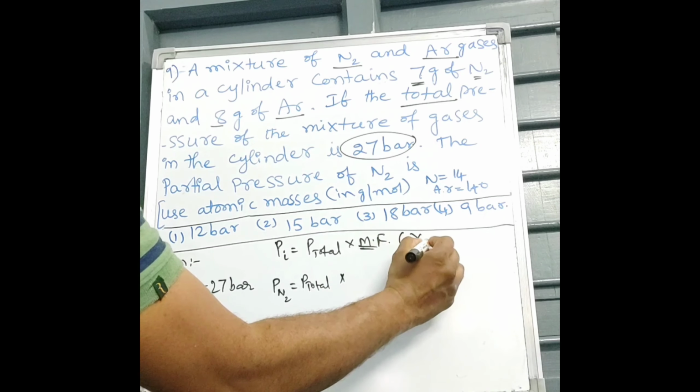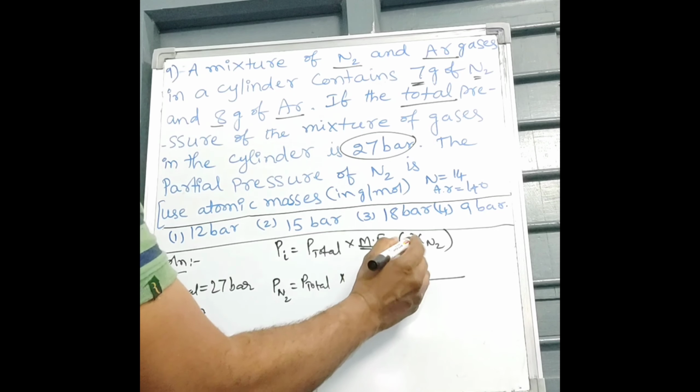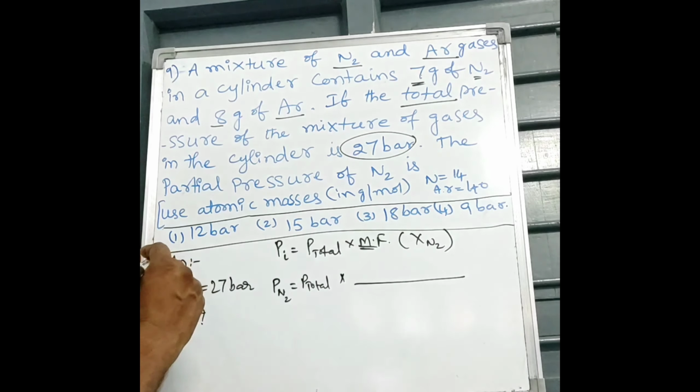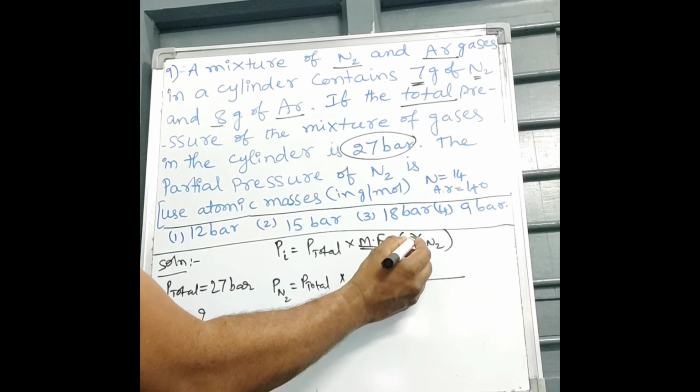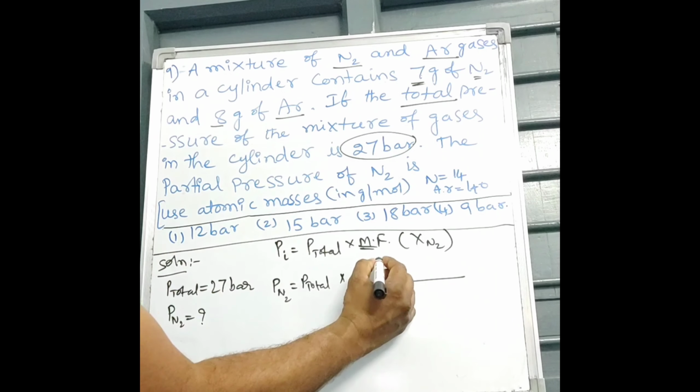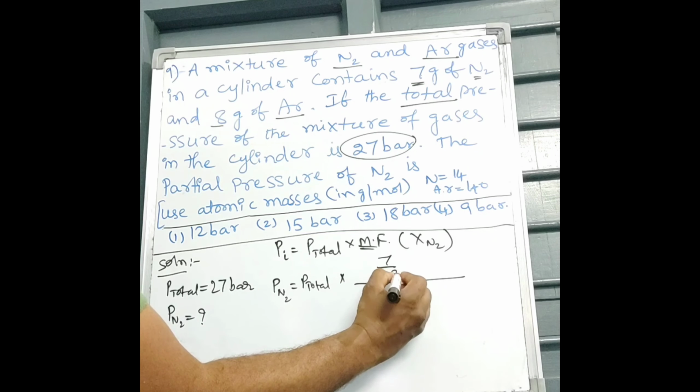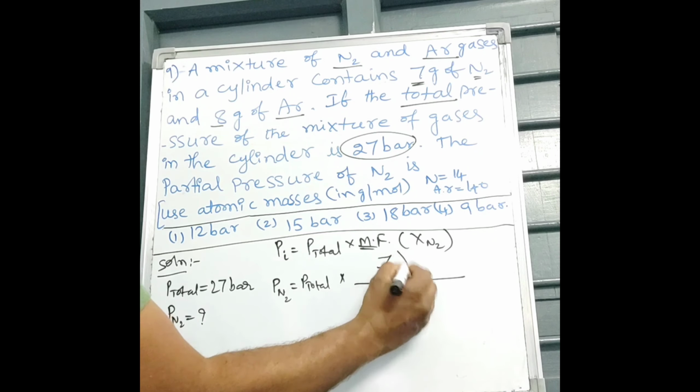How does the mole fraction of nitrogen come? Number of moles of nitrogen by total number of moles of all the components present in the mixture. So the number of moles of nitrogen is weight by gram molecular weight, that means 7 by 28. It represents the number of moles of nitrogen.